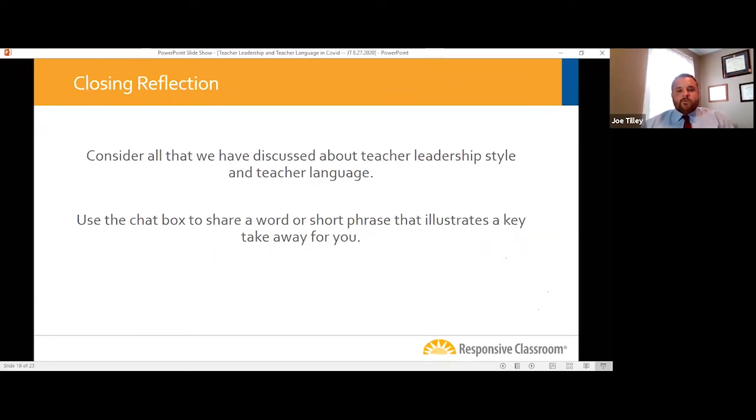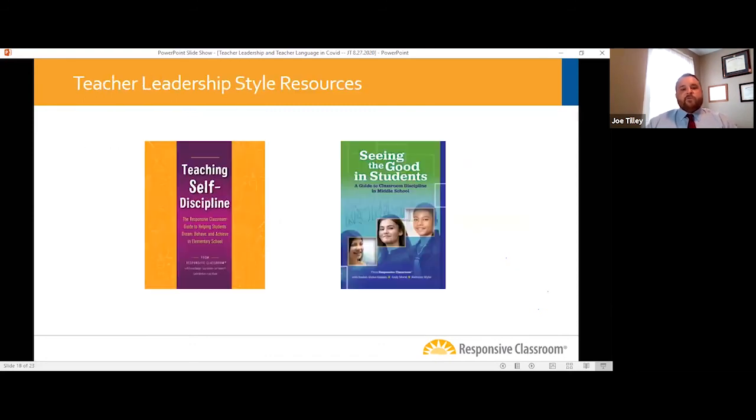I also want to give you some resources that I used in preparing for today. These two books will really help you from a leadership style perspective if you're looking to create discipline within your middle school classroom, discipline being the positive aspect of it, that regulation and control piece.